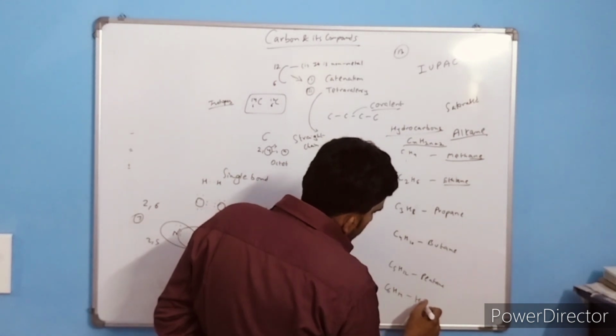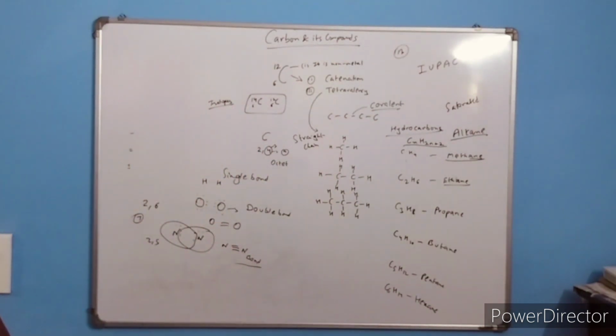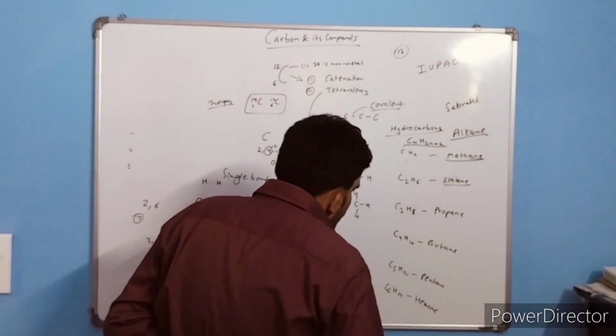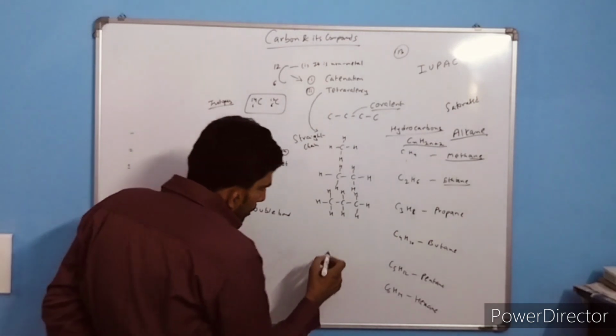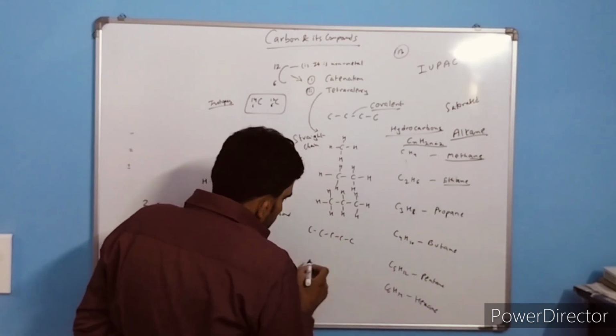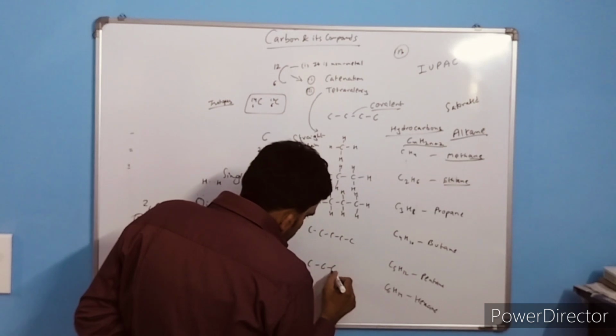That is called hexane. So we can increase the number of carbons, and according to it, its naming will be defined. Now, let us draw the structures of pentane and hexane. That is how we can draw the structure.